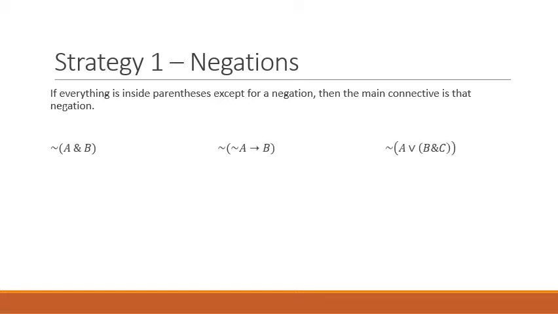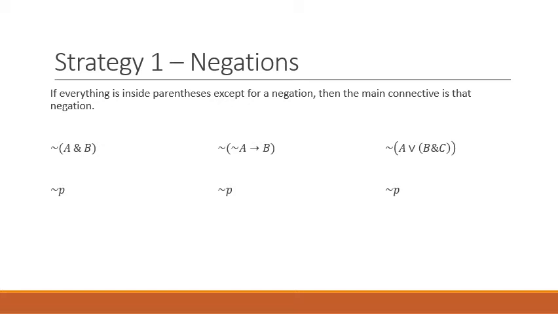is a negation, right? So here are some examples of things where everything else other than the outside negation is inside parentheses. And so the way to understand these is as negations, right? So if you see not the case that A and B, or not the case that not A arrow B, or not the case that A or B and C, you should think of that sentence as a negation.